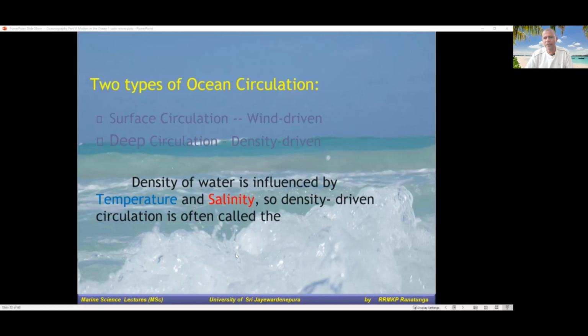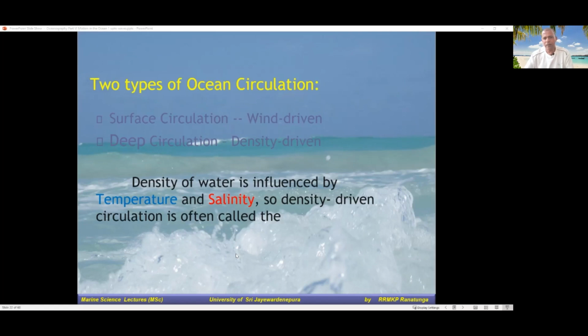The density will change because of the temperature and salinity. The temperature is going to affect the density, as we already know. The other one is the salinity. Salinity differences will cause density differences, or because of both temperature and salinity, there can be some ocean circulation which is called the density driven circulation, right.